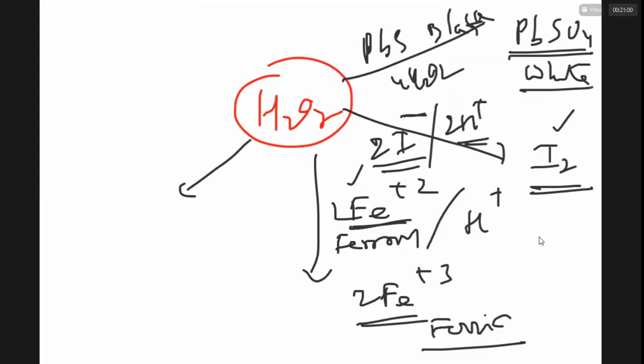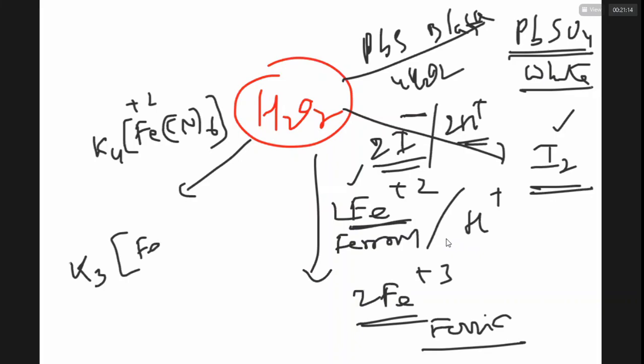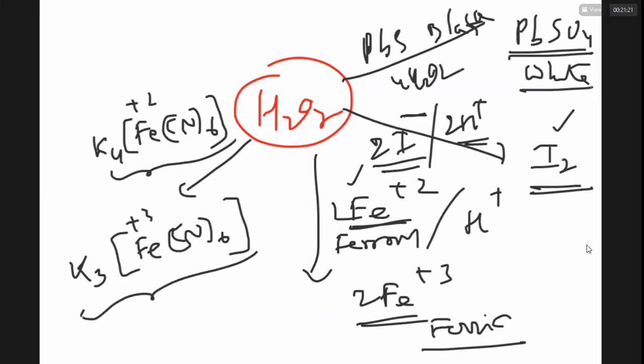You can take ferrous ions in a very complex form like potassium ferrocyanide, K4[Fe(CN)6]. Here also iron is +2. This complex will become potassium ferricyanide. Here iron is +3. So potassium ferrocyanide becomes potassium ferricyanide by H2O2. H2O2 in all these reactions is taking away electrons.